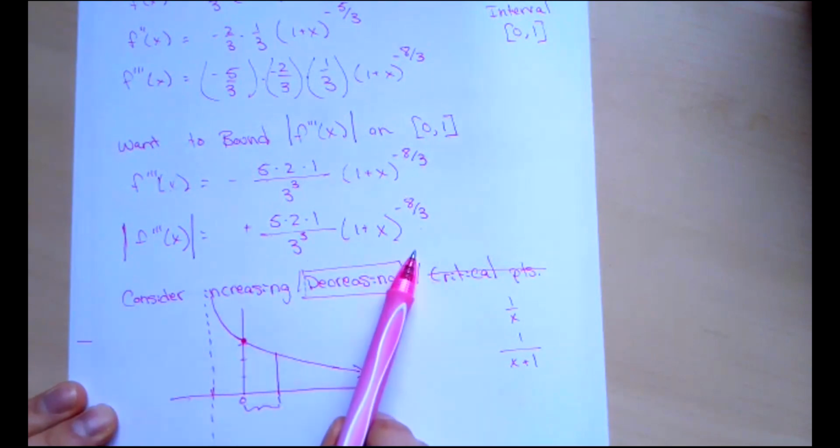And then we want to find the maximum absolute value of the third derivative on whatever specified interval we're working with. Awesome, that makes a lot more sense.